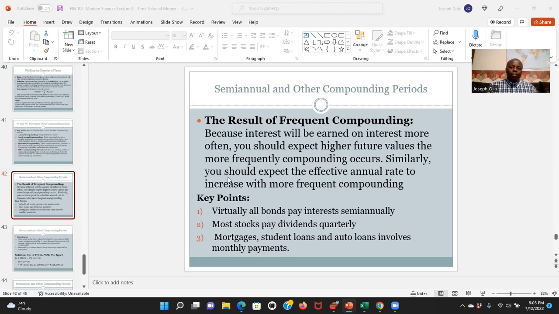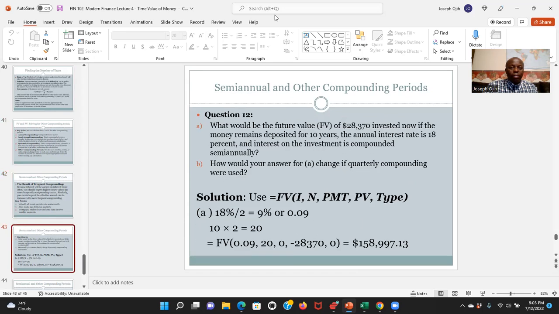Having given you this background, we can now proceed with an example. Look at this example here. It says, what would be the future value of $28,370 invested now if the money remains deposited for 10 years?